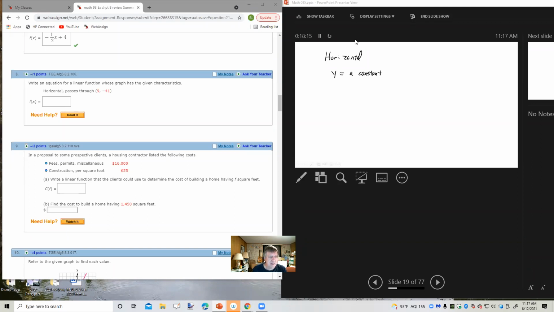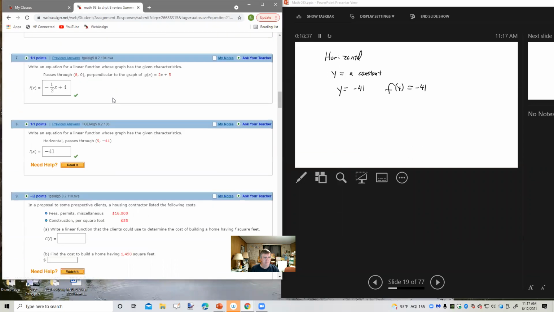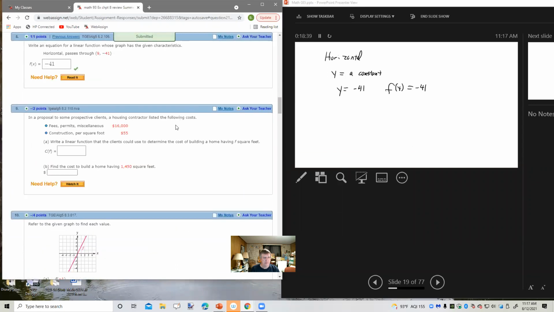Since it passes through the point (9, -41), the y value is -41. So f of x equals -41. I think I said -141. Negative 41. Okay. So -41. All right.